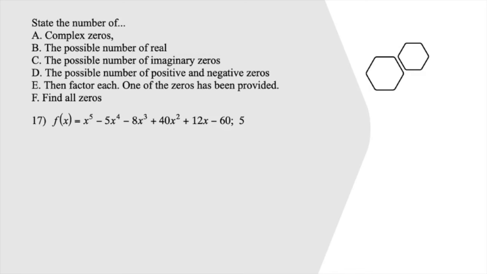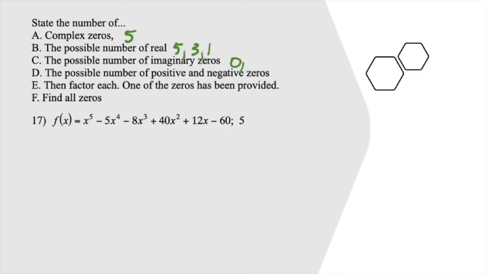I'm going to write this out. We had the possible reals here: 5, 3, 1. And then the imaginaries. The imaginaries plus the reals have to add up to 5. So if you had 5 reals, how many imaginaries would you have? 0. So I'm going to write a 0.